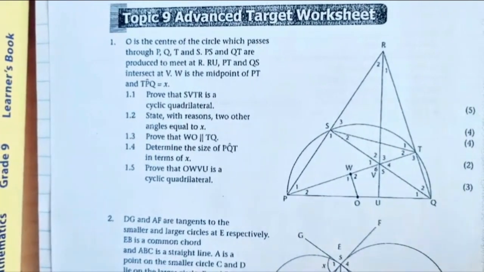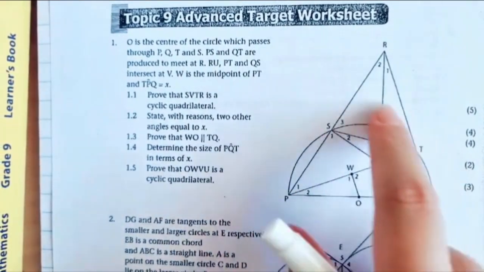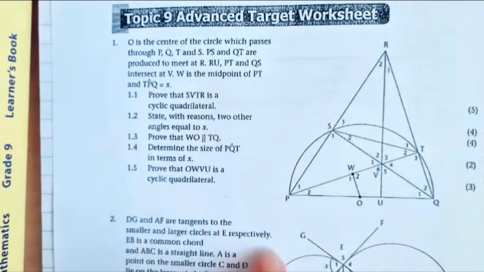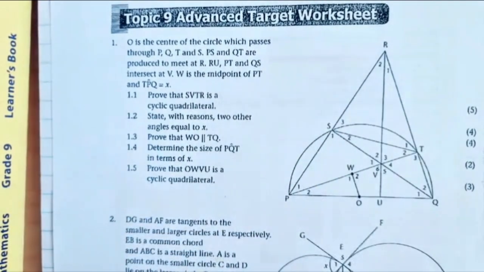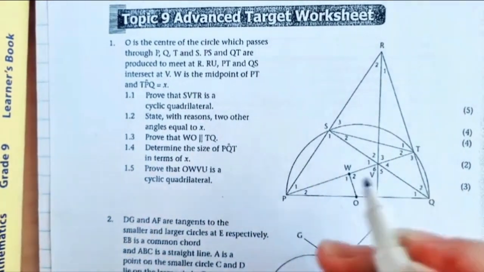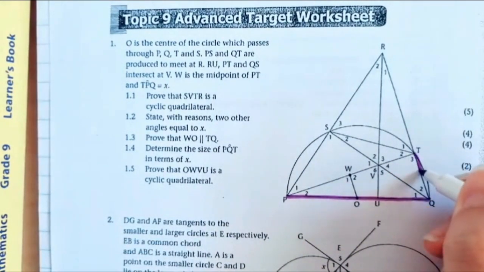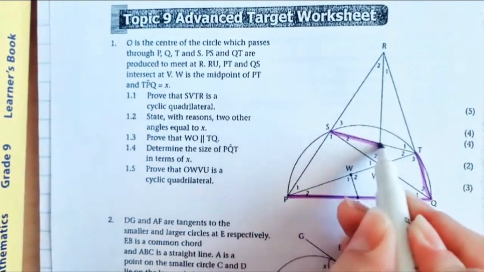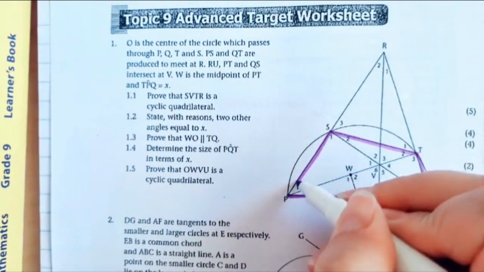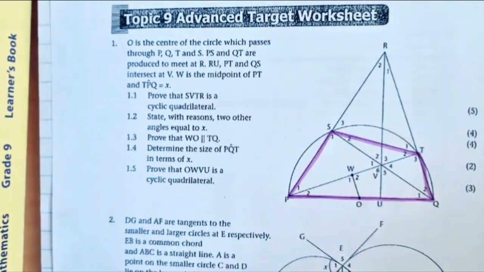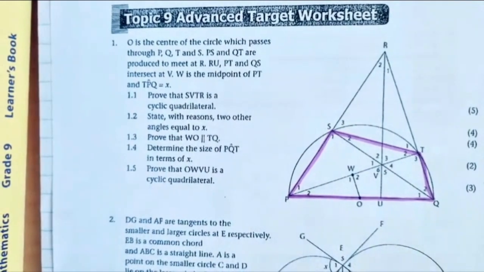Even though we can't see the whole circle, they're telling us that the circle passes through those points. So we know already that PQTS is a cyclic quad. It's important that you recognize that right from the start, because you're probably going to have to use that at some point.